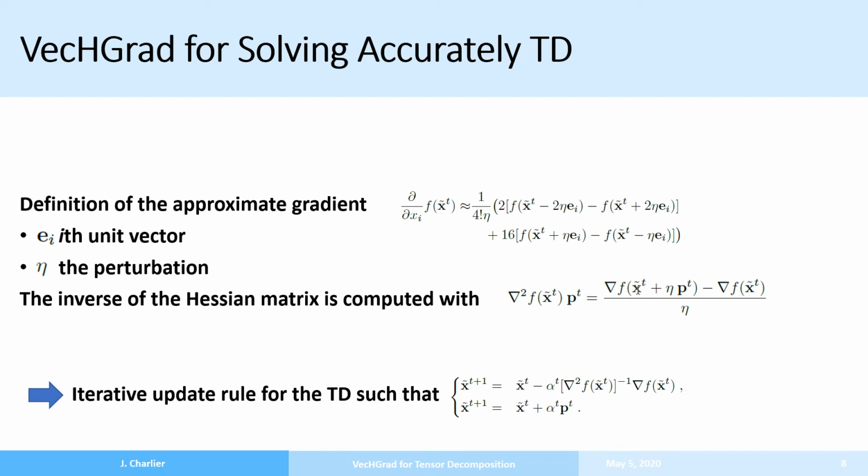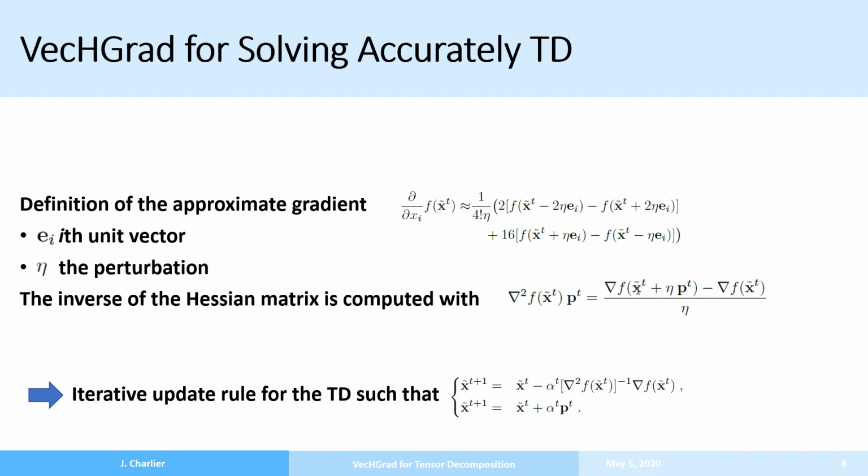So we also have to compute the inverse of the Hessian matrix, and we compute it only based on information of the approximate gradient. So it means that by using the conjugate gradient loop and information contained in the approximate gradient, we are able to bypass the difficulties of the computation of the Hessian matrix and second derivatives.